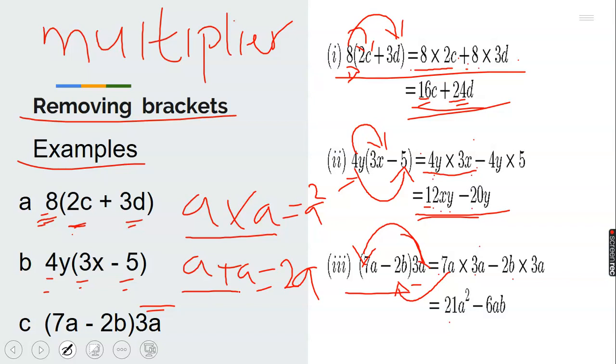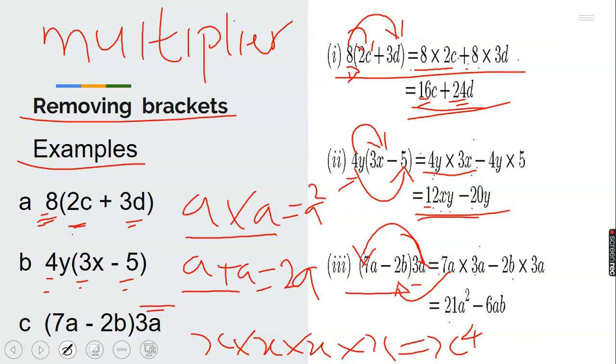When you multiply a in 4 places, it will be a raised to power 4. When you multiply any letter, let's say you multiply x in 6 places, it will be x raised to power 6. Just like saying x times x times x times x: 1, 2, 3, 4. It will be x raised to power 4.